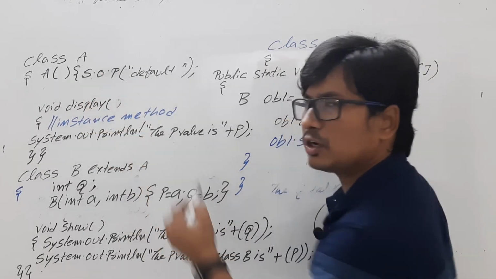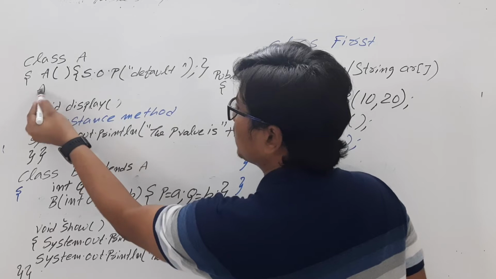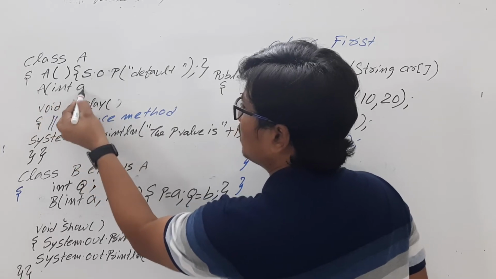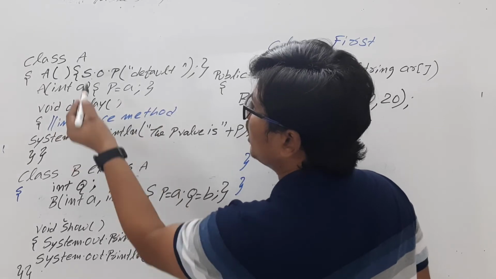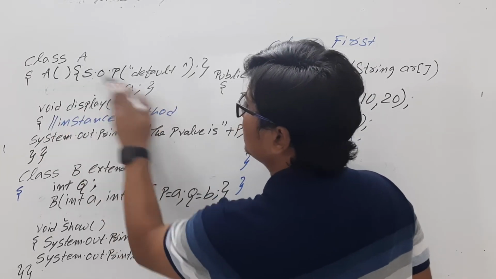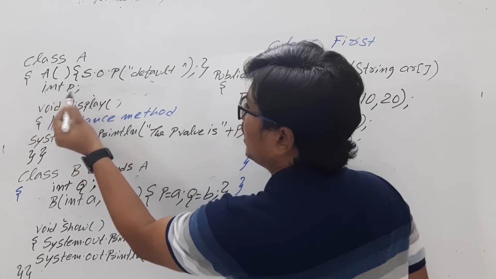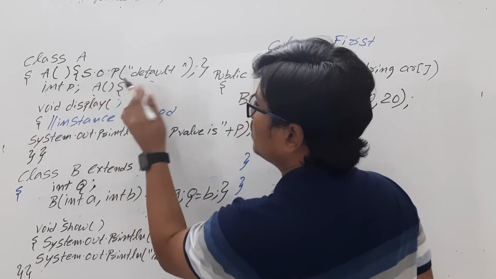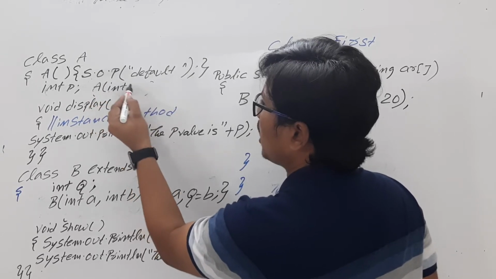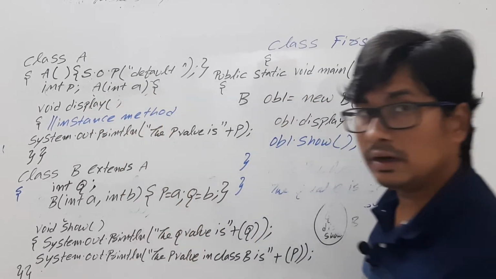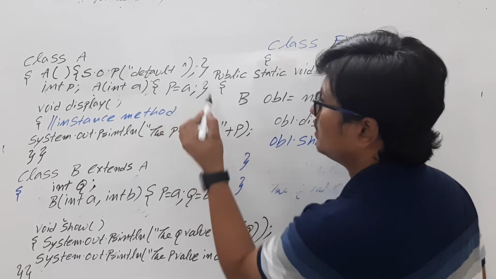You need to write system.out.println, and let me close this one, and then you can have the one parameter constructor, and you can write p is equal to a, and before that you need to declare the p variable. Okay, int p, and then you can have the one parameter constructor. See, due to space issue all this is happening. In the desktop I will discuss in much better way. Okay, is it clear?